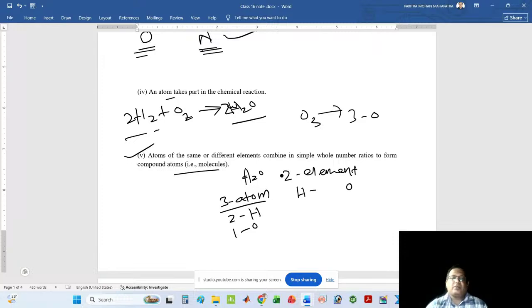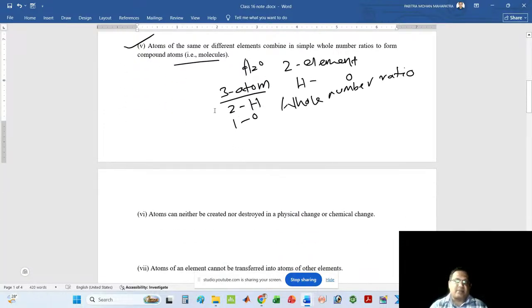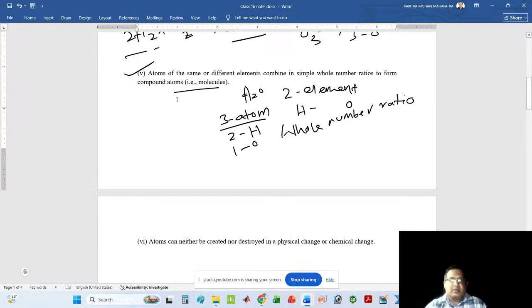If you think about the molecule, every molecule has a fixed ratio, that is the whole number ratio. Look at the point, how I will explain. If you think about the water molecule, the formula is H2O.